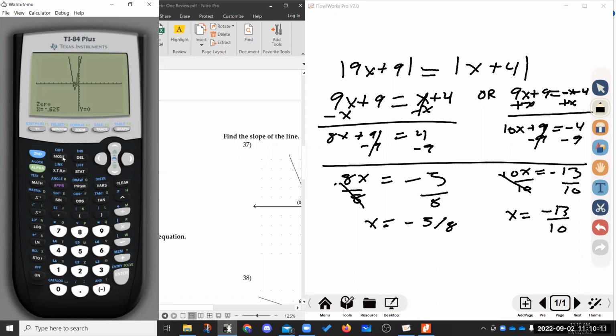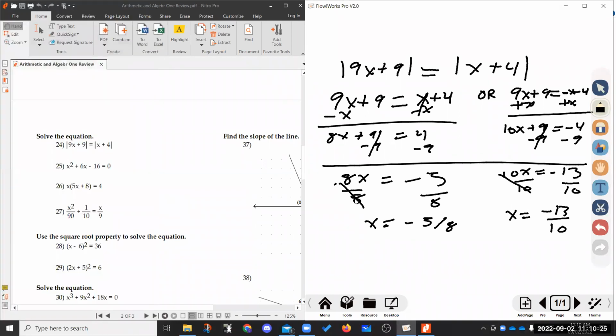Let me show you that that's negative 5/8. Come out here and get that x value that it just gave me and say math, answer to fraction. There it is in fractional form. So those are our two correct answers.